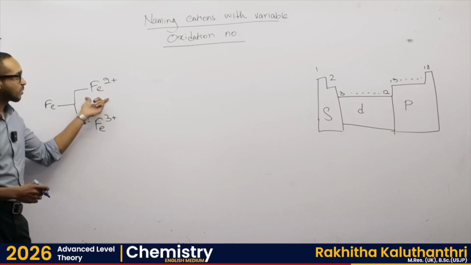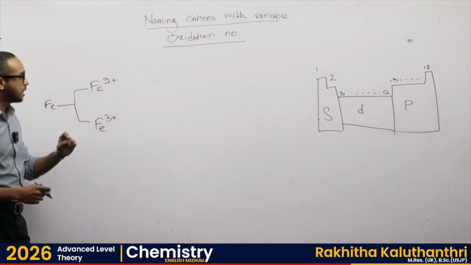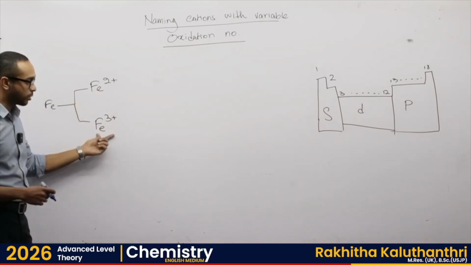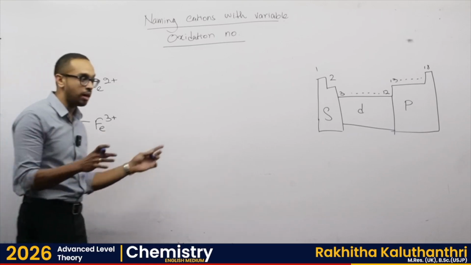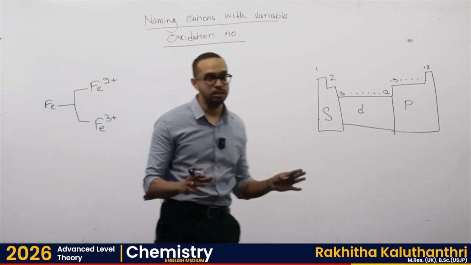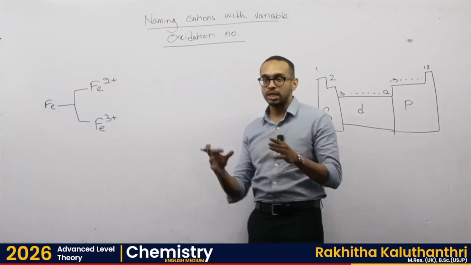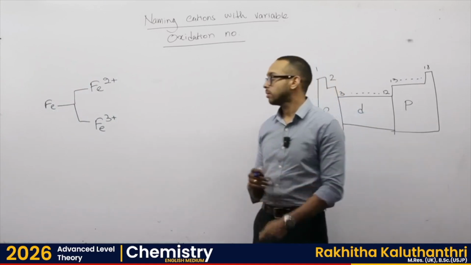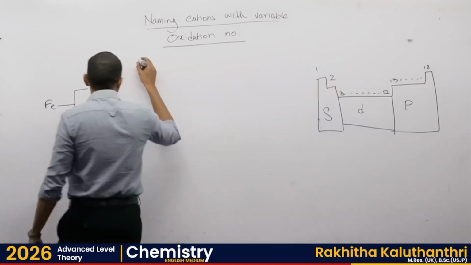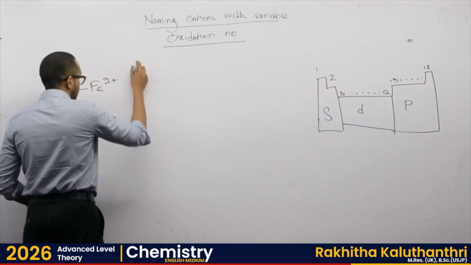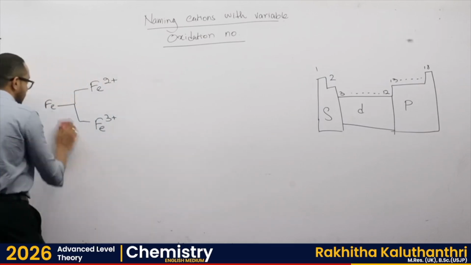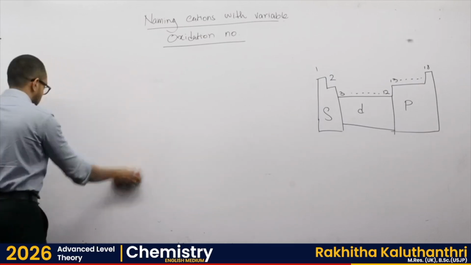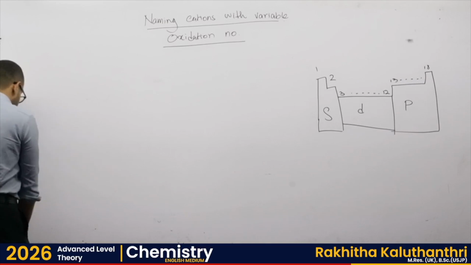So anyway, what I'm telling you is, when it comes to these names also, the IUPAC names are drastically different from the trivial names, the common names. I'll draw this a bit differently, so it will be easier for me to accommodate both the names.